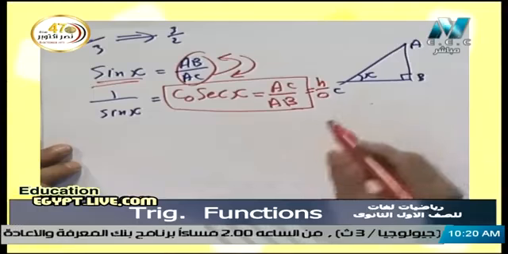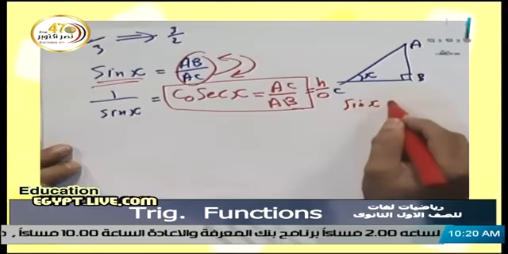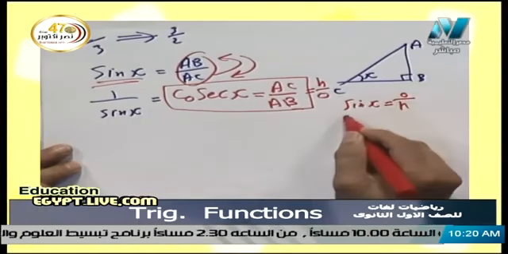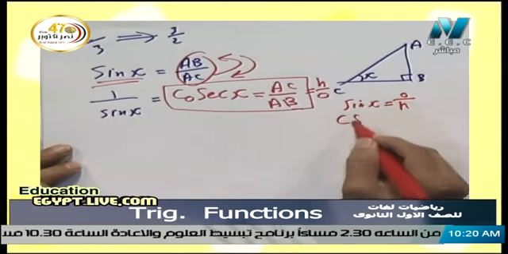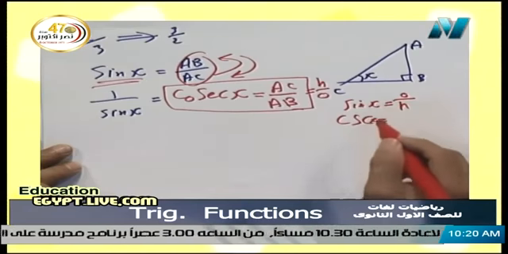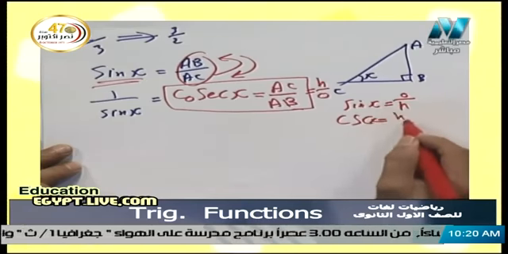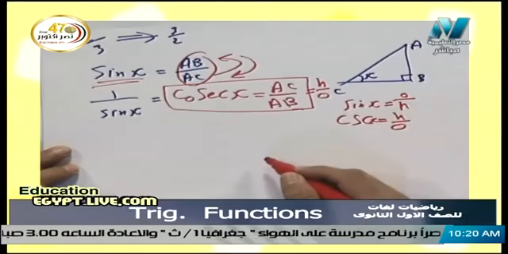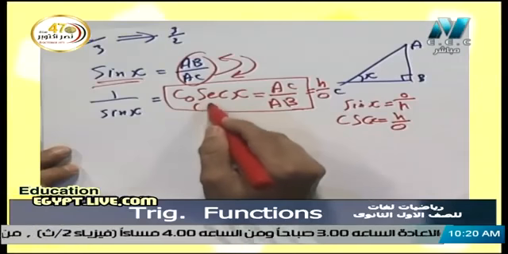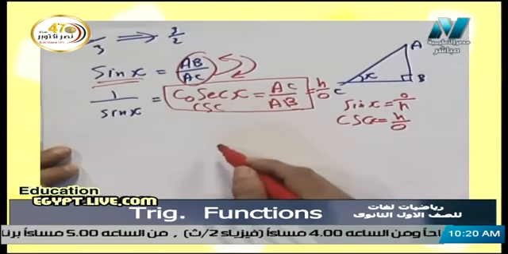We know that sine of an angle equals O over H, opposite over hypotenuse, but cosec, which we can also call CSC, will be H over O, hypotenuse over opposite.